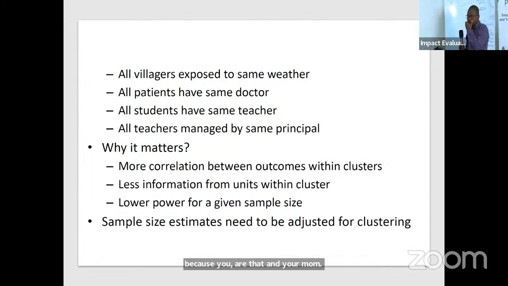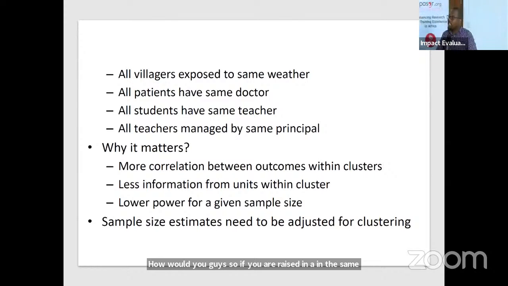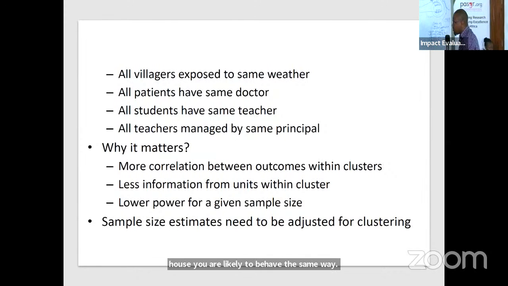If your lunch is ugali and sukuma, you are all going to eat ugali and sukuma. Okay? But the other household, they'll be eating yamatoma. So if you are raised in the same household, you are likely to behave the same way. So you are likely to be correlated. You are likely to be similar.